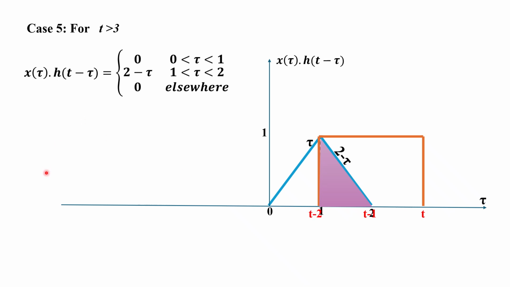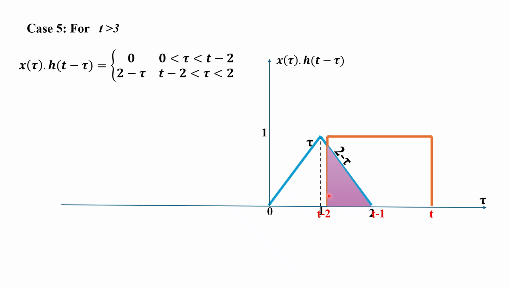So for t ranging from 2 to 3, it is tau for t minus 2 to 1, and 2 minus tau from 1 to 2.